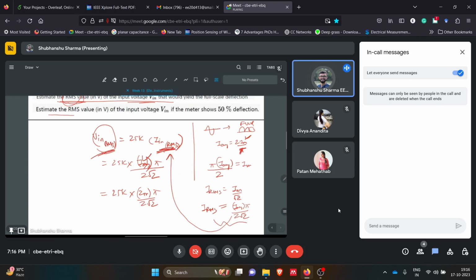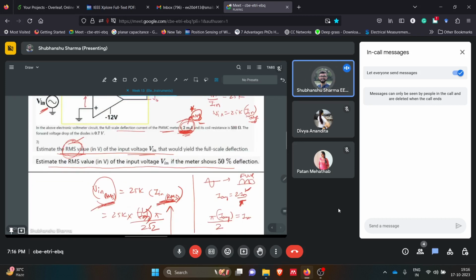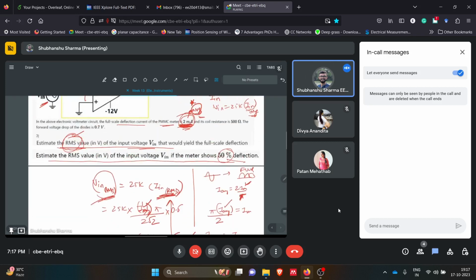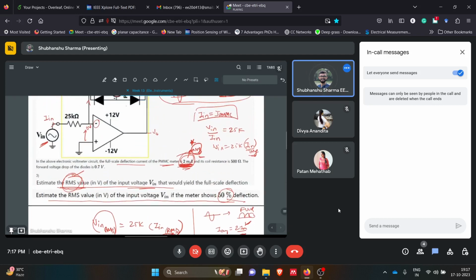Now the next question: estimate the RMS value of the input voltage V in if the meter shows 50% meter deflection. So 50% deflection means 50% of average current. You just have to multiply by 0.5 and you will get the answer. But if this was the case for an MI meter, then that will be 0.5 squared, because it is I square there.